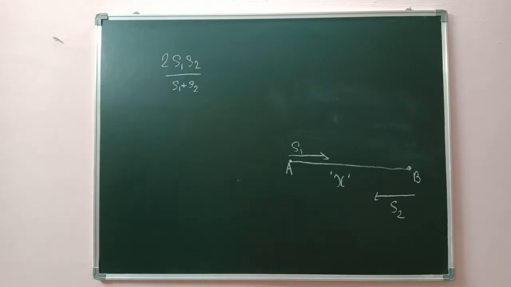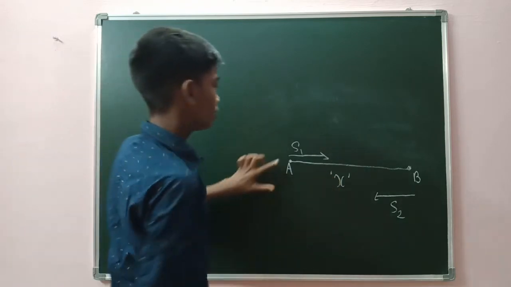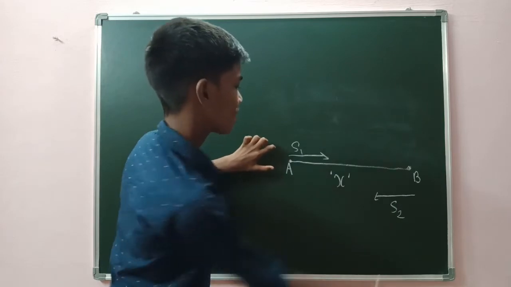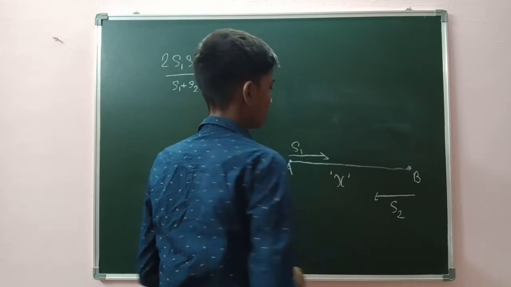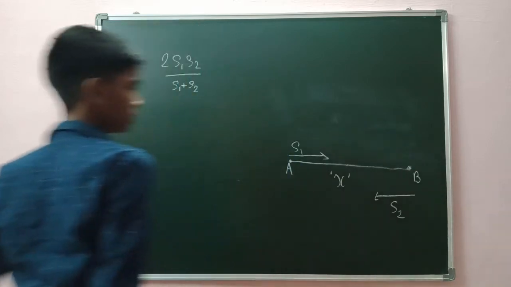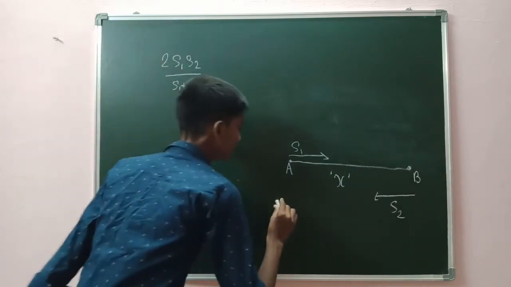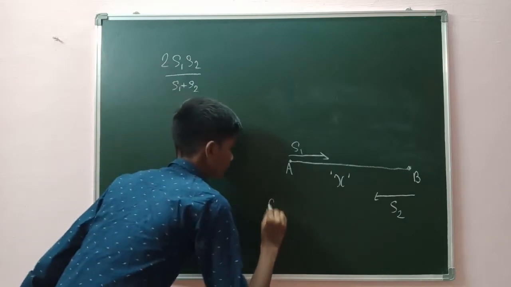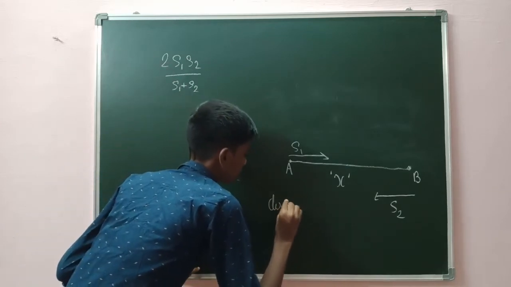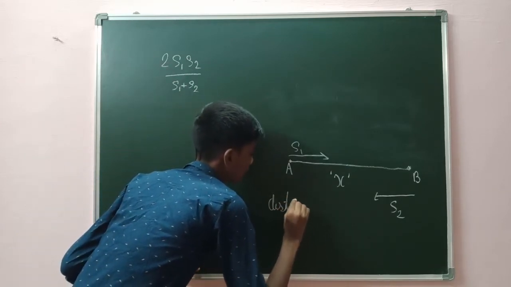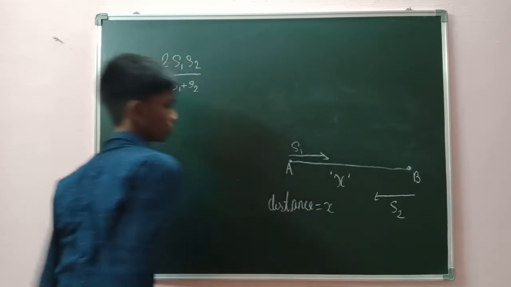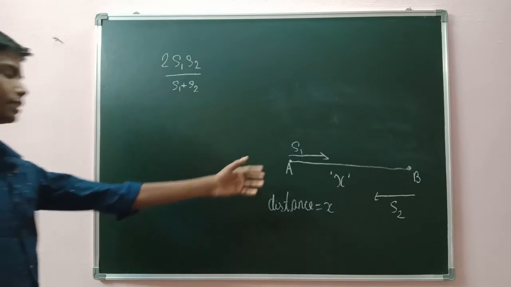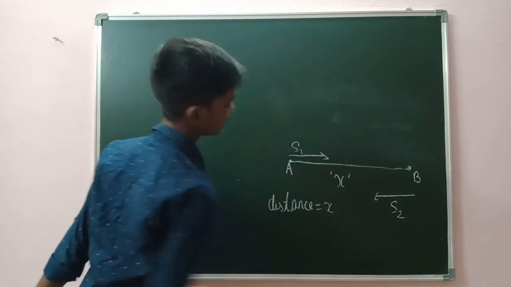Now it's going to be very simple, guys. Here your initial speed is S1, and for the return trip the speed is S2. The distance between these two points is x. So we know the distance is x for one trip. Initially this speed is S1 and this speed is S2.